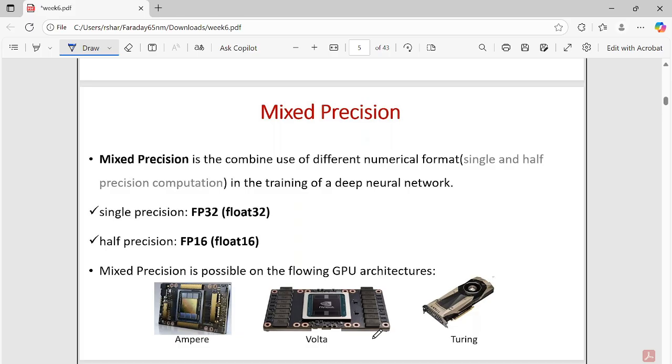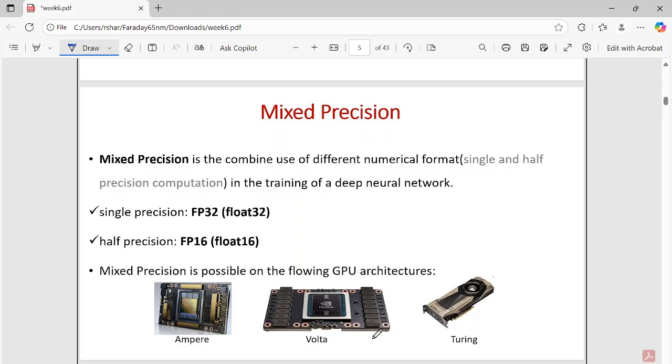Mixed precision is using different numerical formats with respect to deep learning, like using single and half precision for computation during the training of a deep neural network. Single precision is 32-bit floating point, and half precision is float 16, FP16.